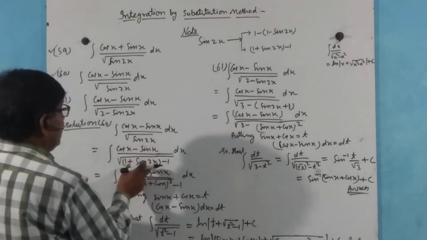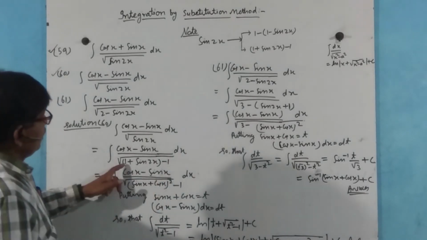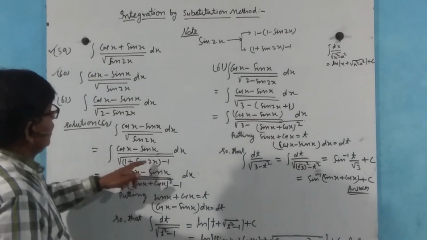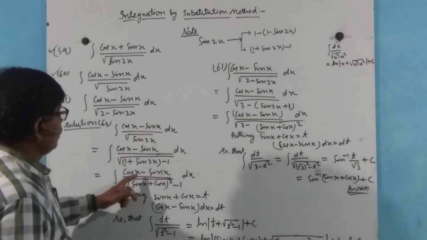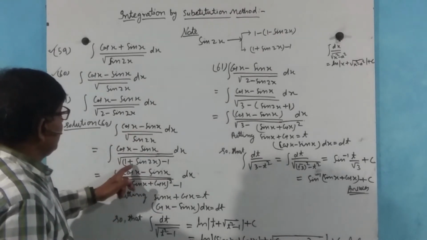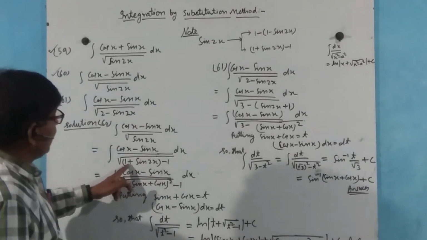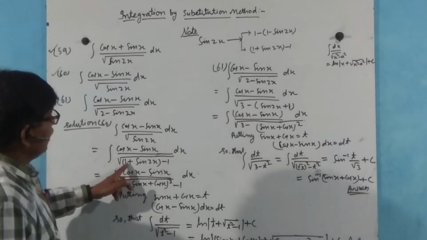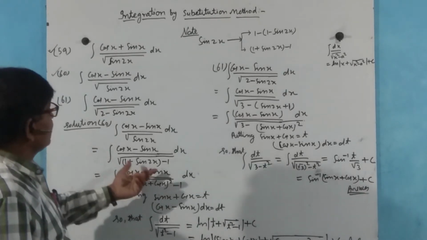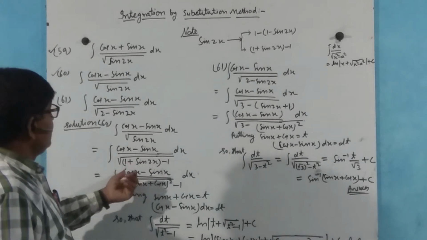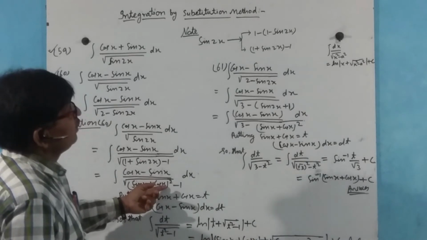This can be written as 1 plus sin 2x minus 1. If we remove this we get this simple, so 1 plus sin 2x, putting 1 as sin square x plus cos square x, and this is 2 sin x into cos x, so this becomes (sin x plus cos x) to the power 2.